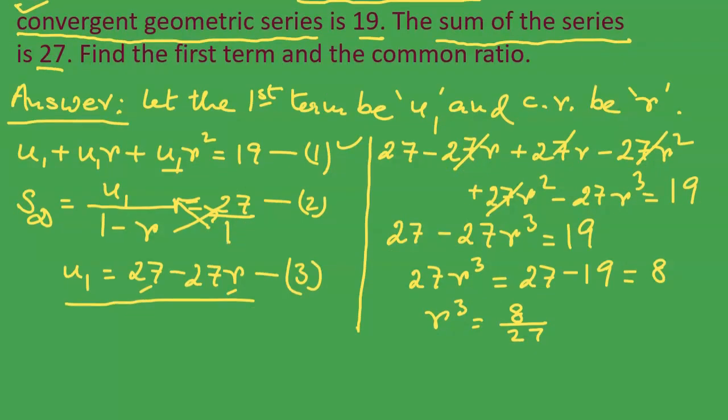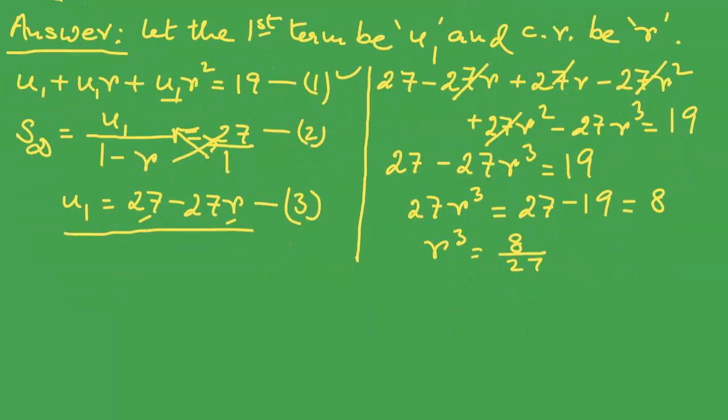So now, let us take the cube root of both the sides. So R is equal to, 2 cube is 8, so it is 2, and 3 cube is 27, therefore it is 3.